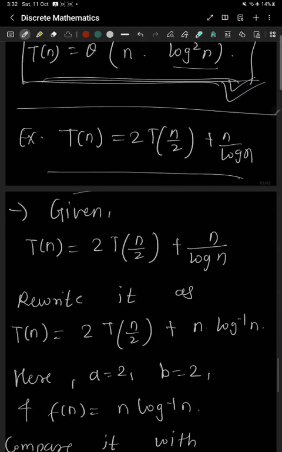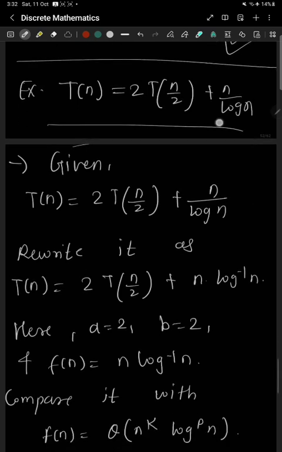Now let's see the second case: 2 into T of n by 2 plus n log n. Whenever you get log of n in the denominator, or even n in the denominator, you have to take it to the numerator, and you just make the power negative by taking it to the numerator.